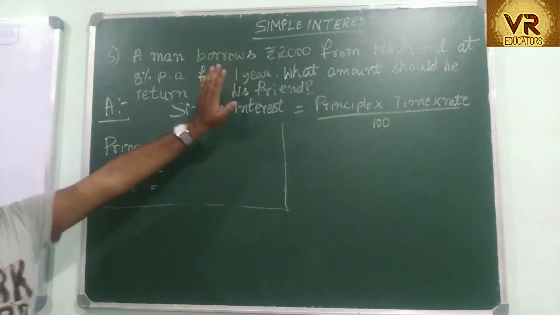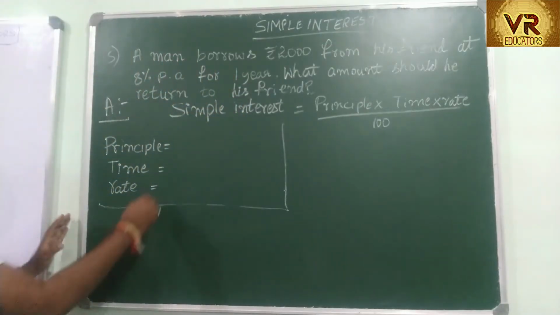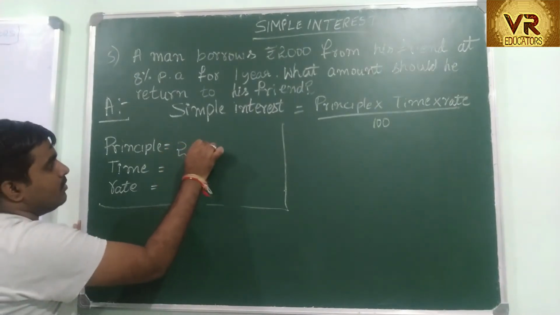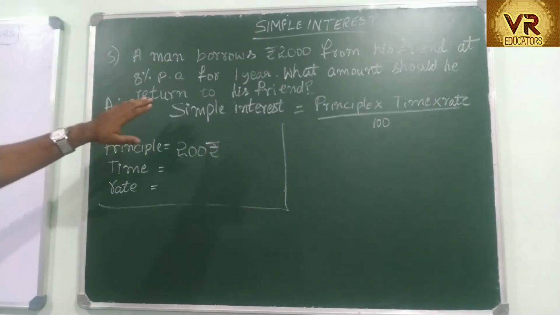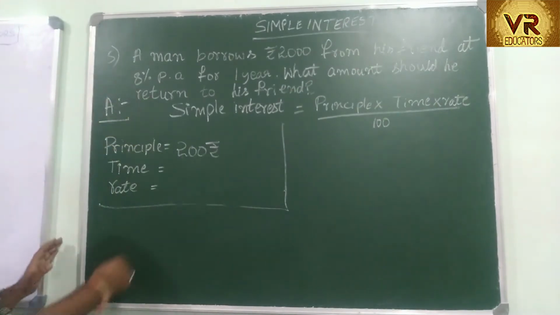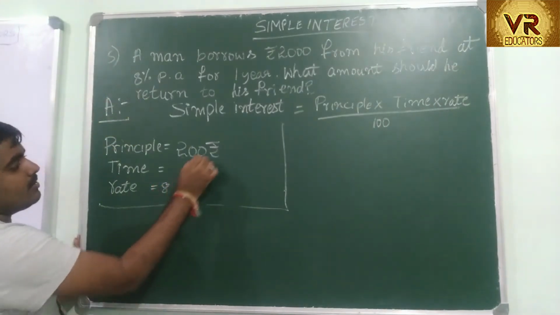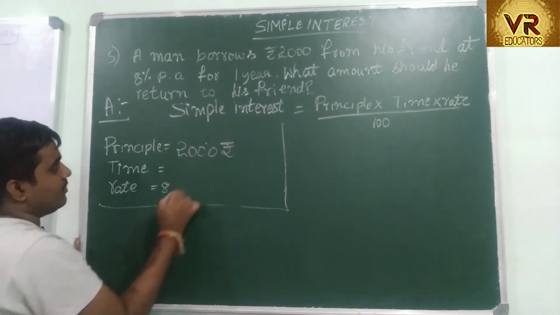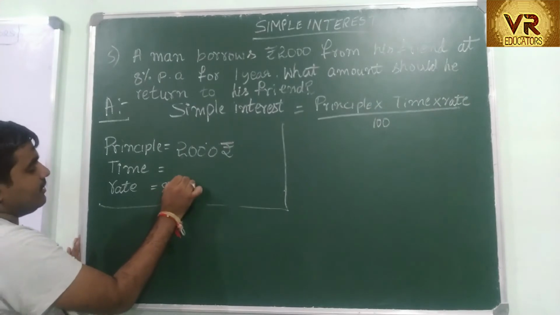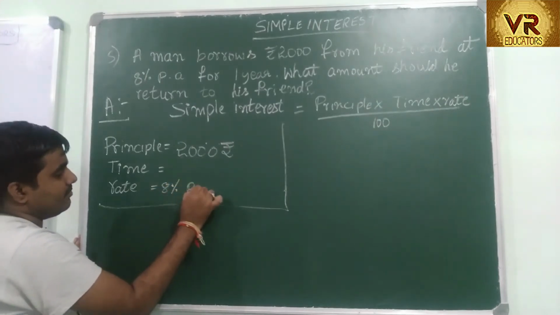A man borrows 2000 rupees. So that is the principal, 2000 rupees. He has taken it from his friend at 8% rate. Okay, we'll write it. Rate is 8% per annum.